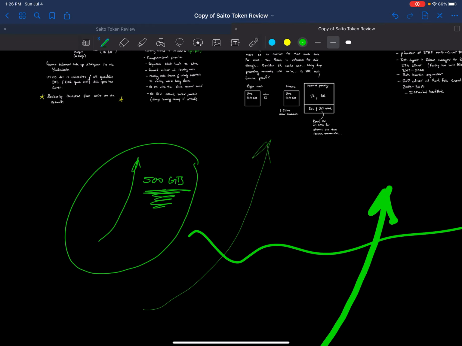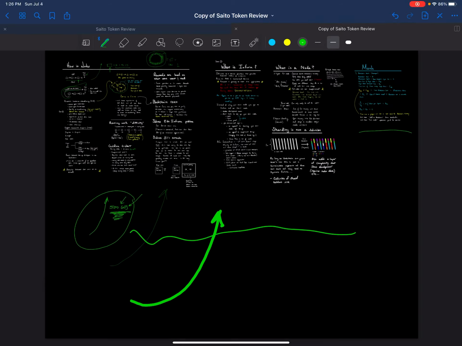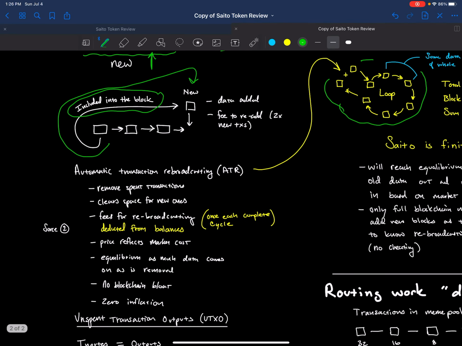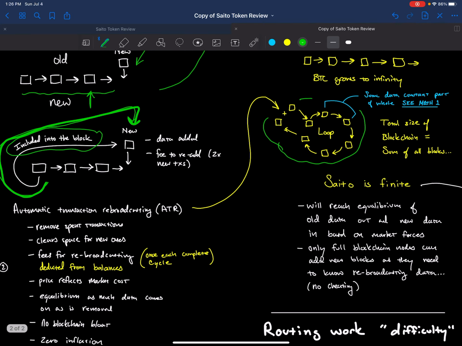Because that's orders of magnitude more than 500 gigabytes. And so Saito actually is scalable, and how it does that is it creates an associated cost for adding data to the blockchain. The way it does that is it takes the old blocks and puts them into the new one, and it's like a rent.